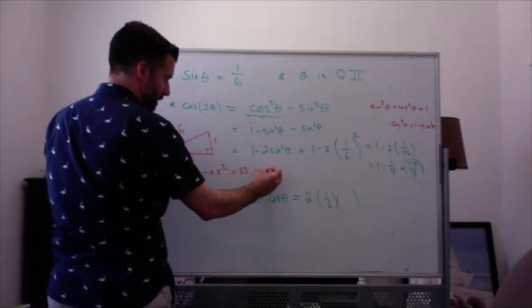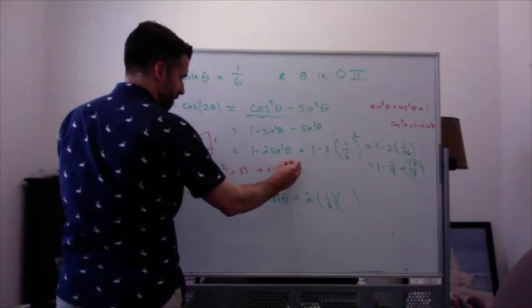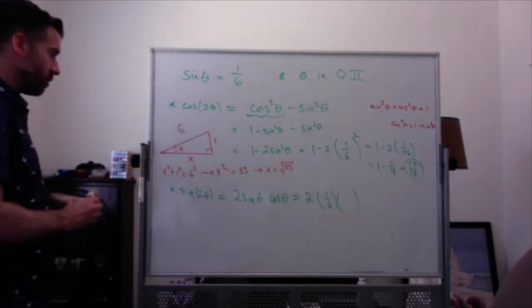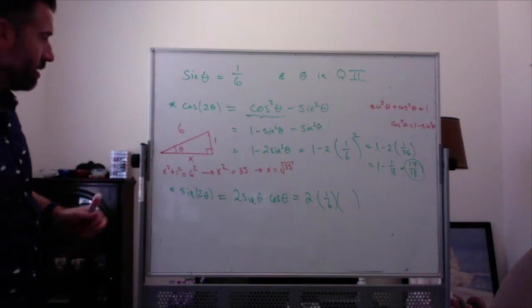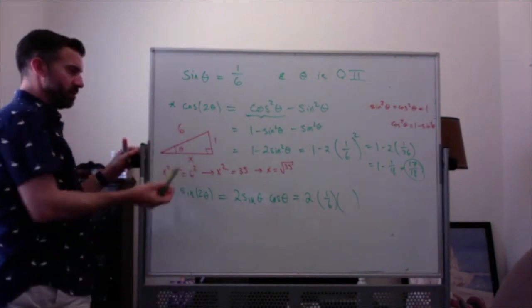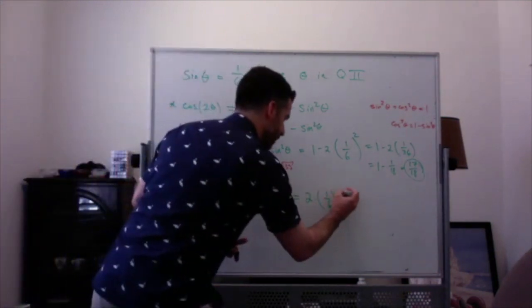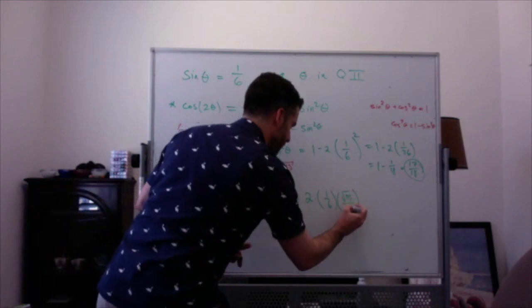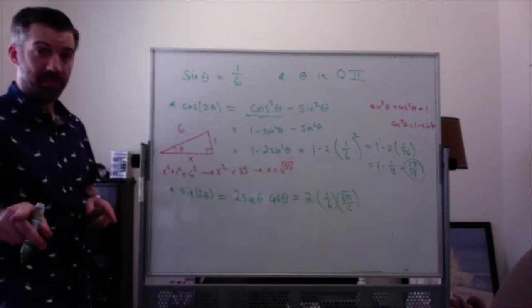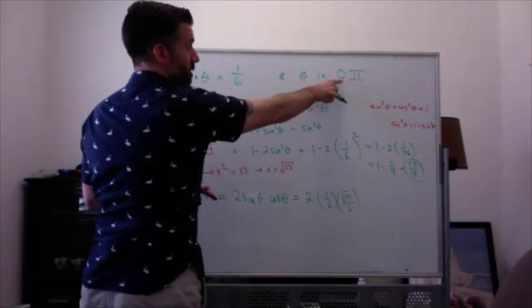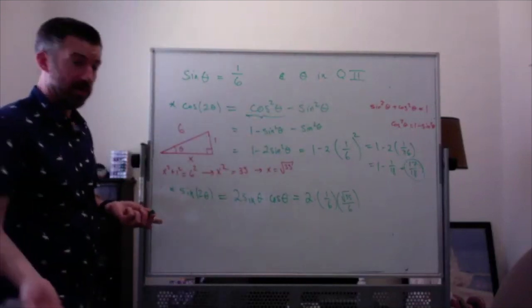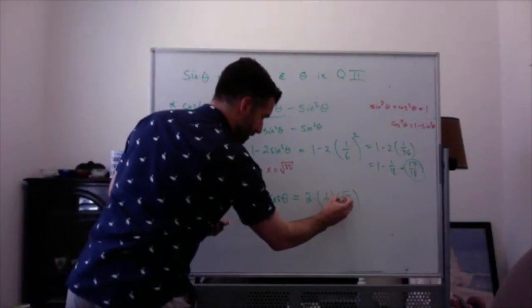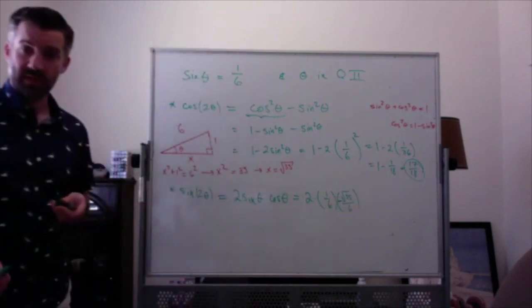So x equals the square root of 35. So cosine of theta is adjacent over hypotenuse, which is going to be the square root of 35 over 6, except we're in quadrant 2, where cosine is negative, so it's negative square root of 35 over 6.